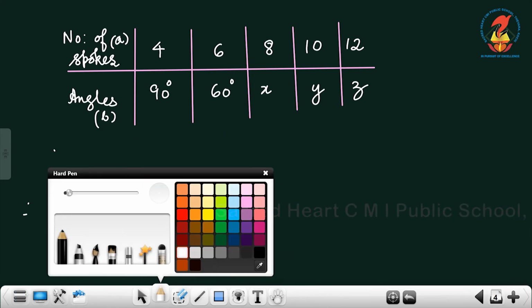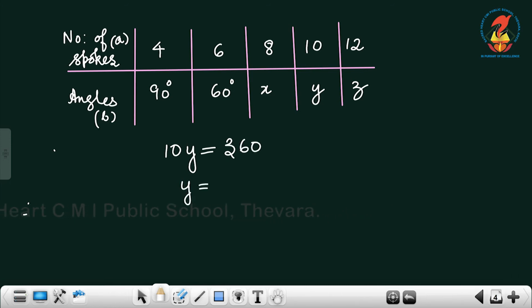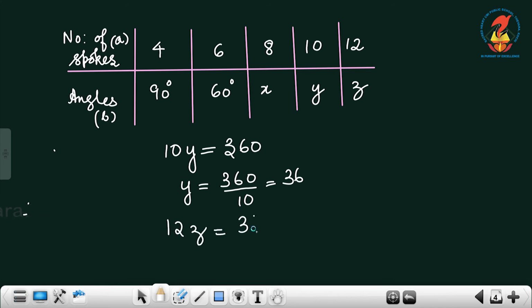Then next one, when the number of spokes is 10, unknown angle Y, when we multiply, we should get 360. So Y will be 360 by 10, which is equal to 36. Then 12 into Z, 360.